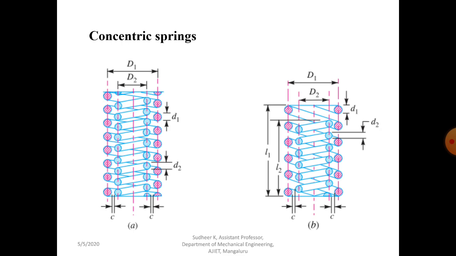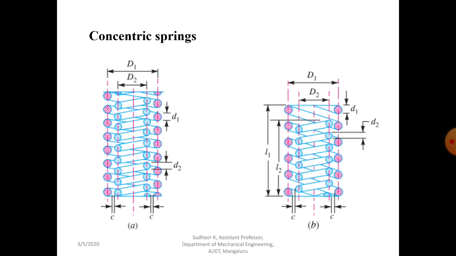The second advantage is that the operation of the mechanism continues even if one of the springs breaks. That's why this can be used in a fail-safe system, because in some cases, because of heavy load, the whole system will fail, leading to total failure.